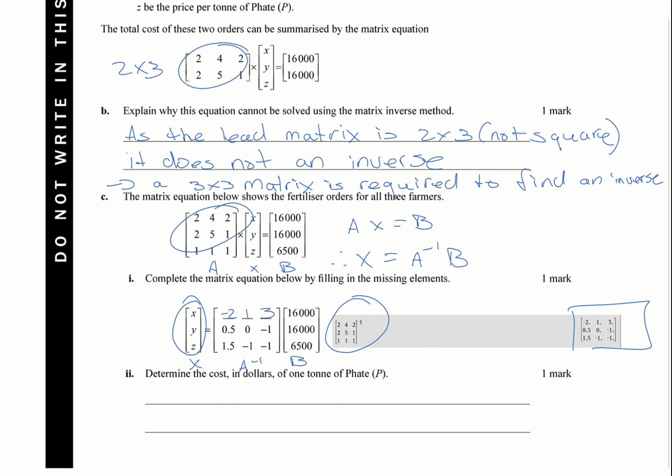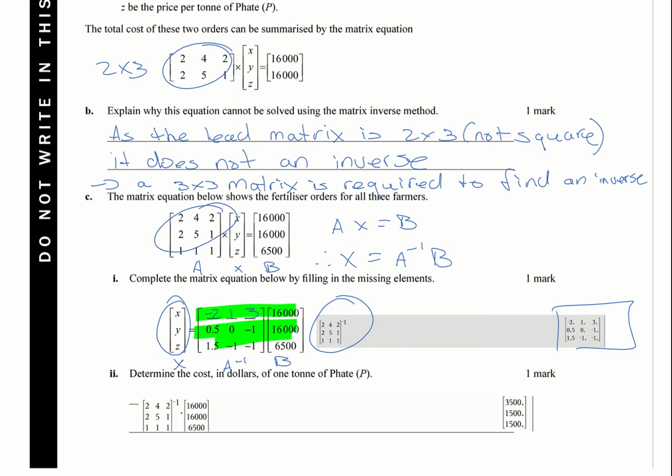Now we're looking at determining the cost in dollars of 1 ton of P. For this question, we're solving for X, Y, and Z. Let me highlight it. We've got to solve this equation now. When you put this in the calculator, this is your A to the negative 1, this is your B, and this is your X over here.